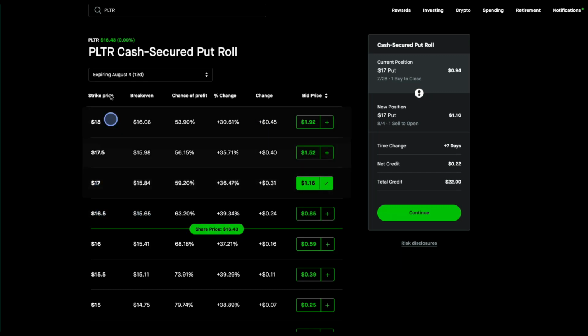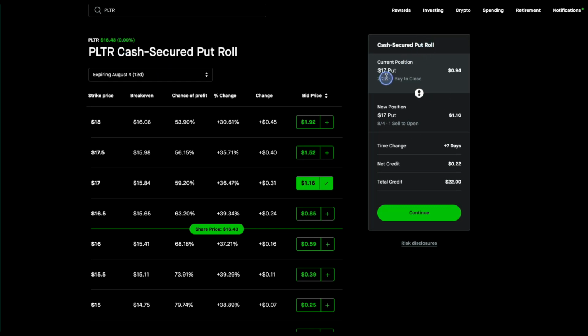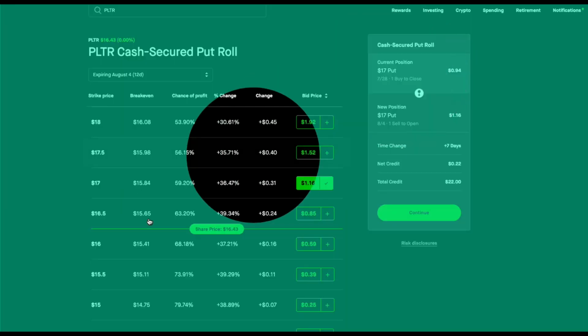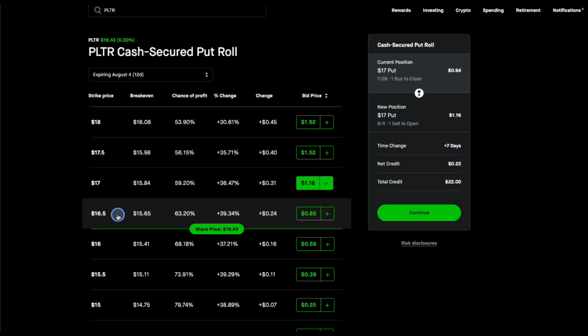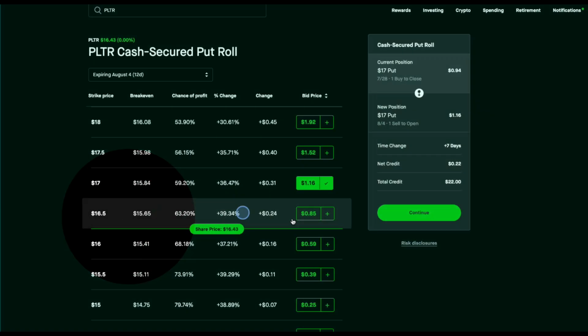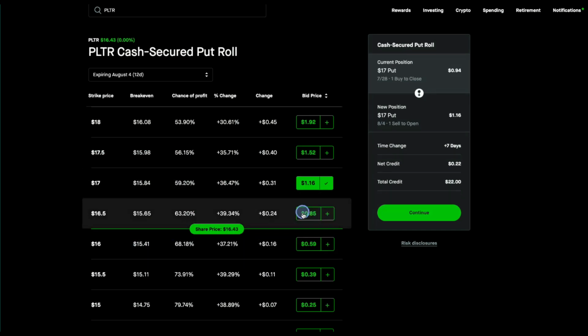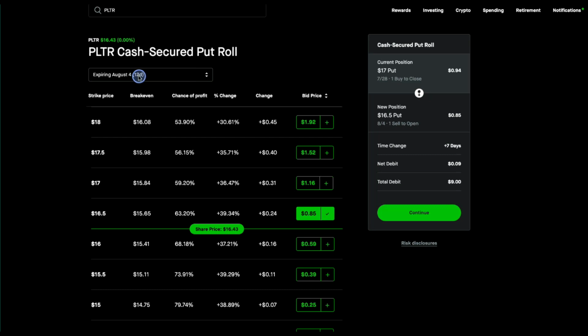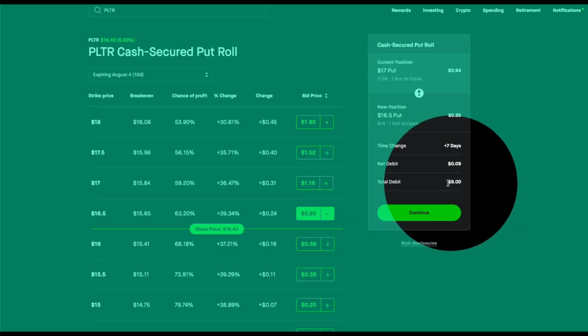Currently this position is for $17, right? So you can go a strike down to 16.5, instead of 17. And you also move the weekly position to a week out. Basically, in this case you will have to actually pay $9.